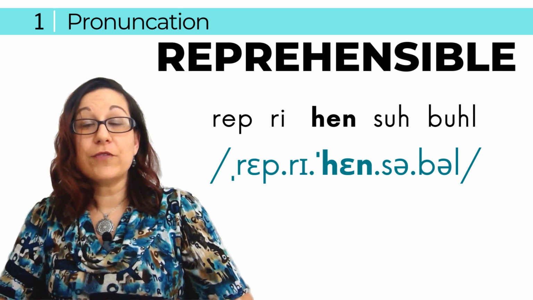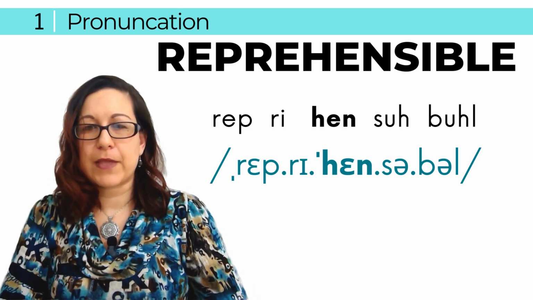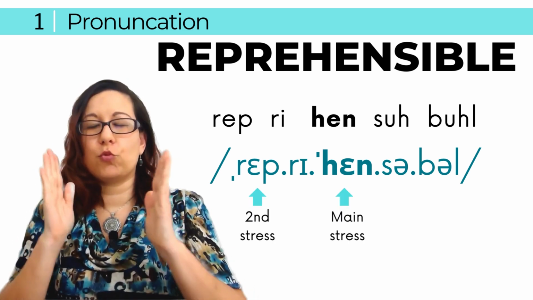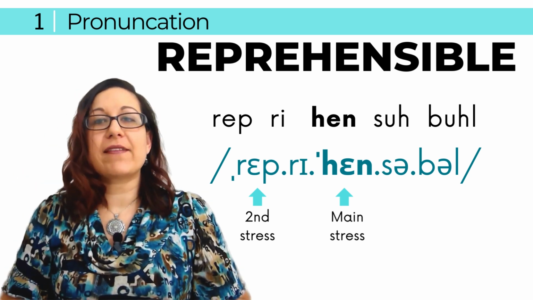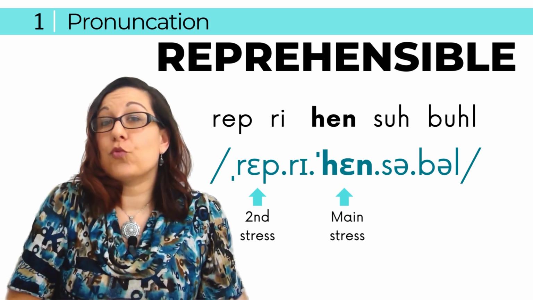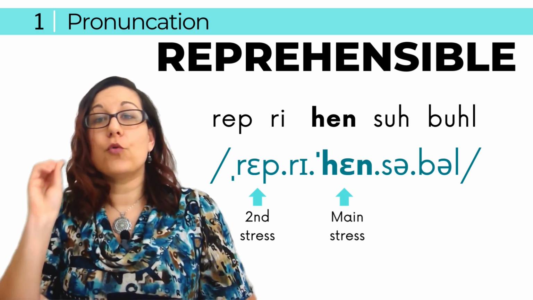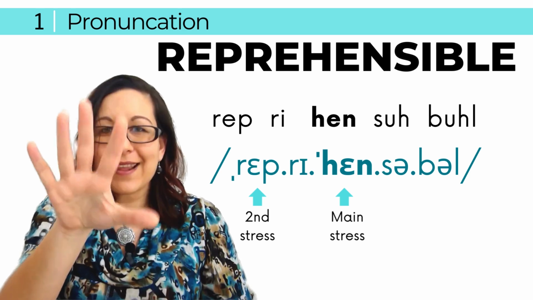Reprehensible. We've got 2 stressed syllables here. The main stress is going to go right in the middle on hen. And the secondary stress is right at the beginning. Rep. So, reprehensible.